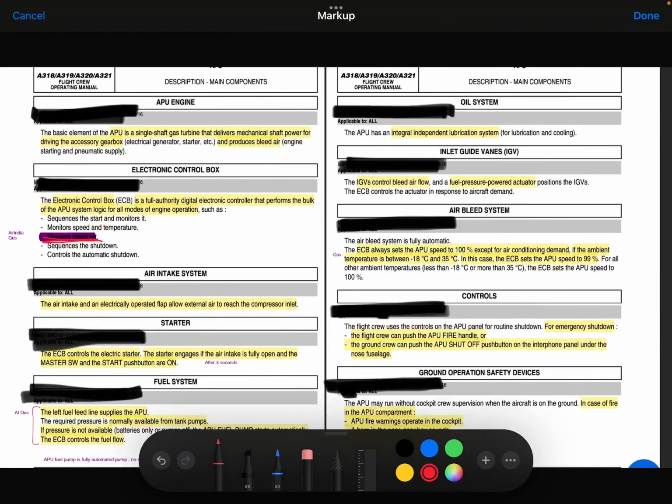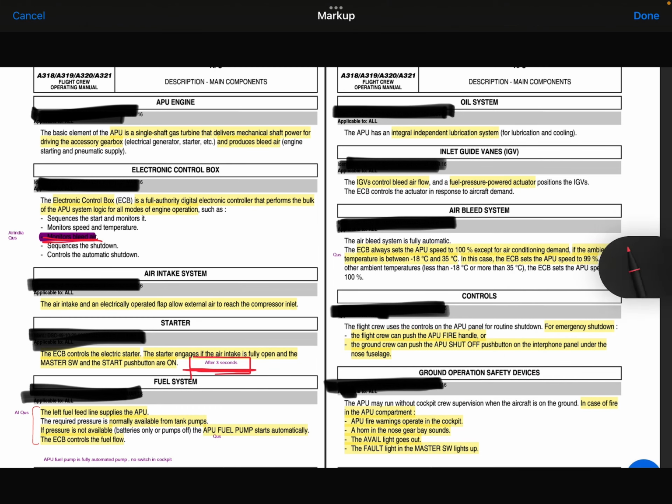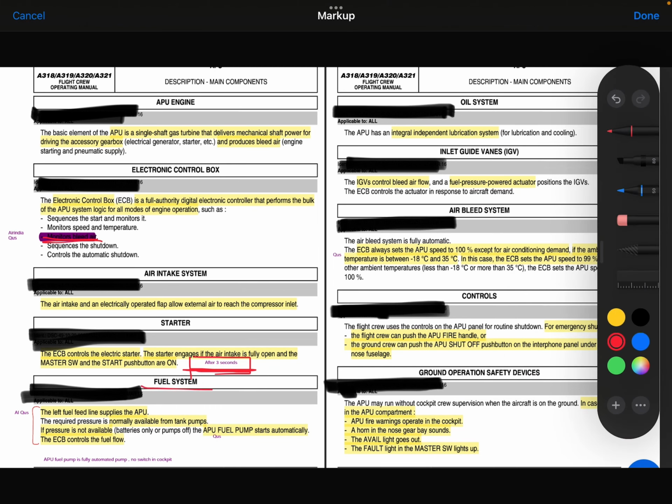We have talked about the air inlet and starter. After 3 seconds of pressing the start push button, the starter engages. Then fuel supply: the left fuel feed, the APU fuel pump automatically starts, no pressure. This was important.